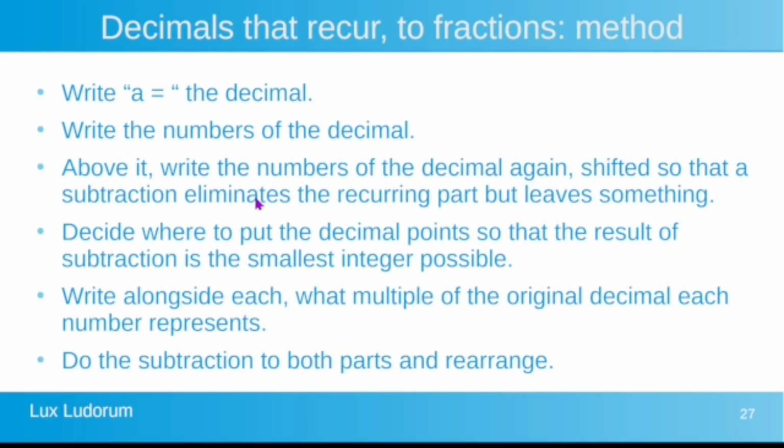And this shifting bit, we'll see how that's done in a minute. Decide where to put the decimal points so that the result of subtraction is the smallest integer possible. Then write alongside each what multiple of the original decimal each number represents.